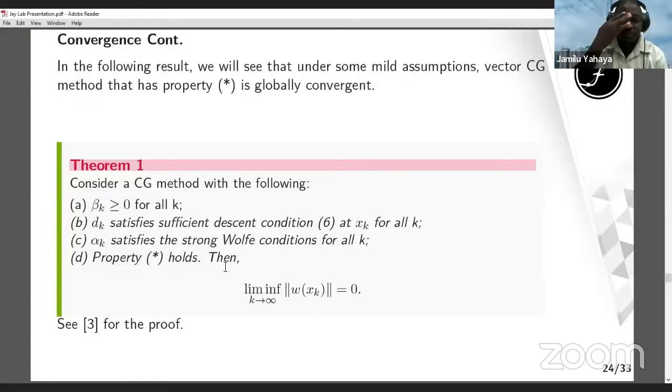This Property Star was first given by Gilbert and Nocedal. I think I gave this in the last presentation, but because of time, I extracted it out here. So if you have these properties, then you have the global convergence of the PRP, HS, or LS methods.